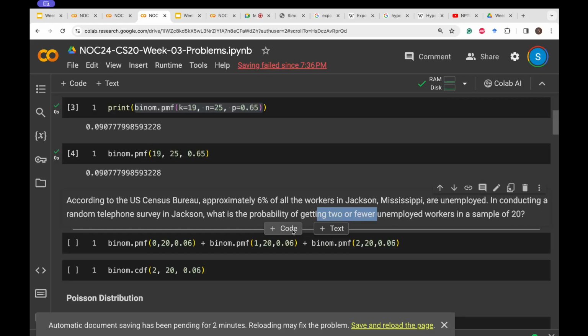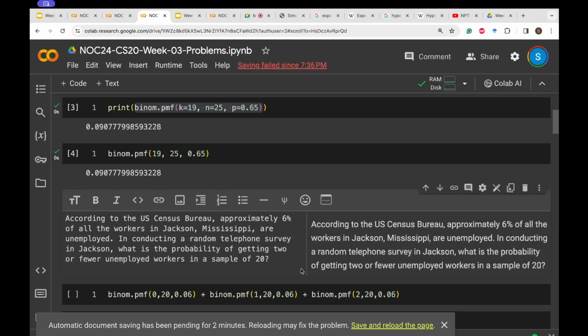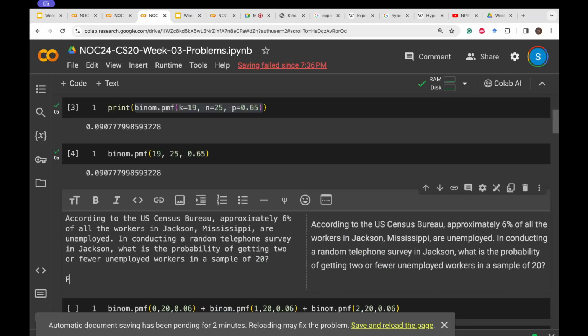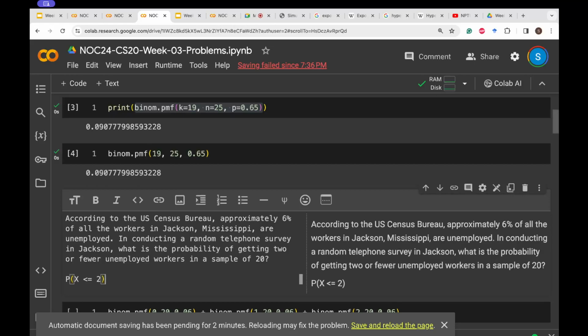So it is nothing but, let me just write it over here, probability of x less than or equal to 2, which will be probability of x equal to 0 plus probability of x equal to 1 plus probability of x equal to 2.